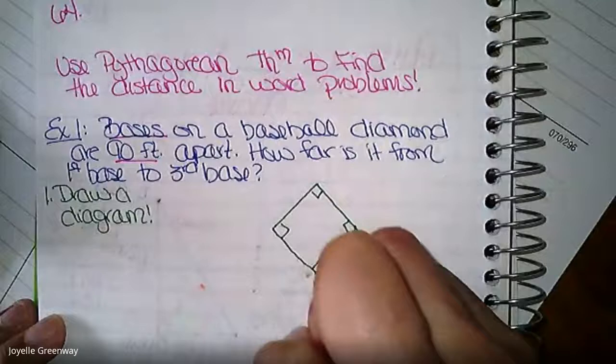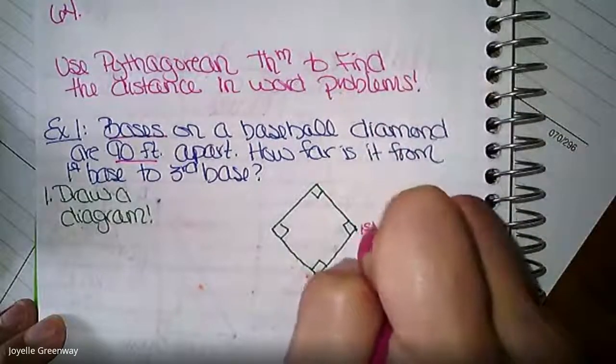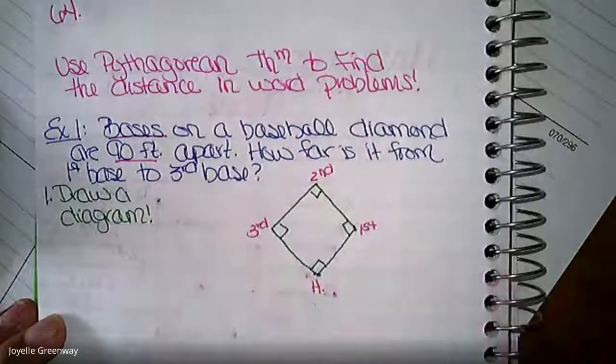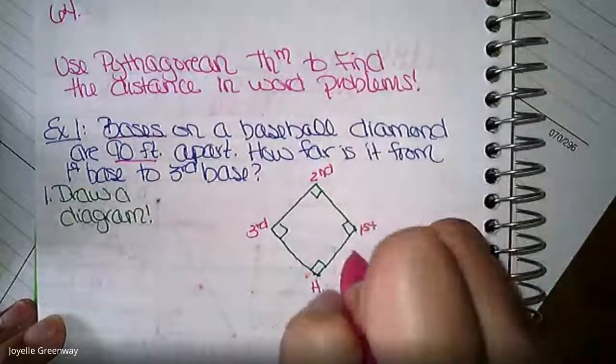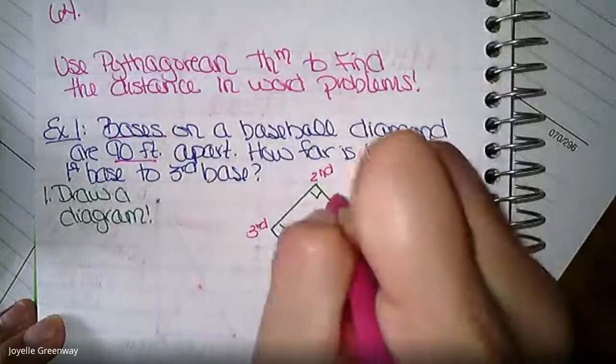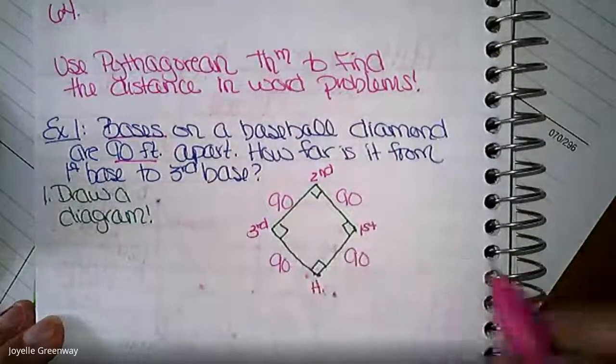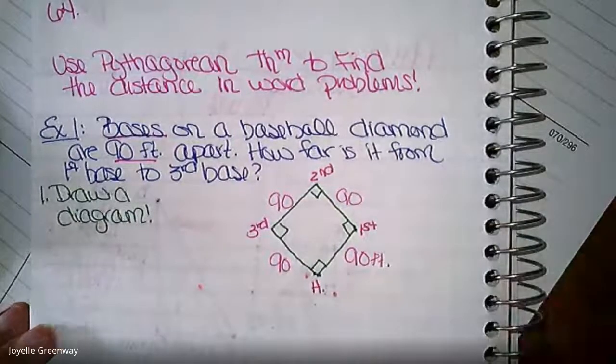So this is your home plate. This is first, second, and third base. So between home and first is 90, first and second is 90, 90, and 90 feet. Okay, these are all in feet.